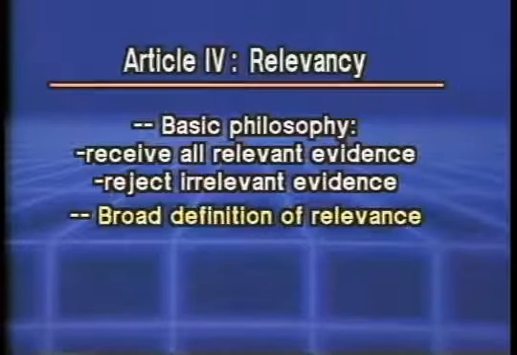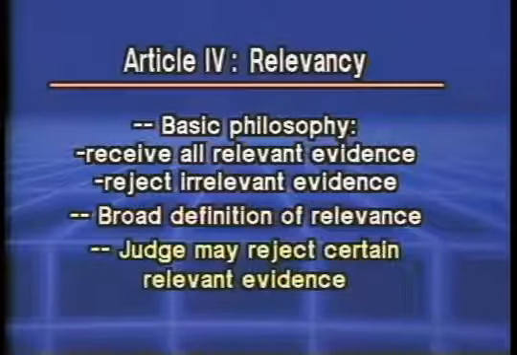And I say that because of the broad definition of relevancy under 401. That is the basic philosophy of the federal rules of evidence. 403 says, but the judge, in his discretion, can reject even relevant evidence if he thinks it's unfairly prejudicial, needs repetition, or otherwise might confuse the issues or prolong the trial.